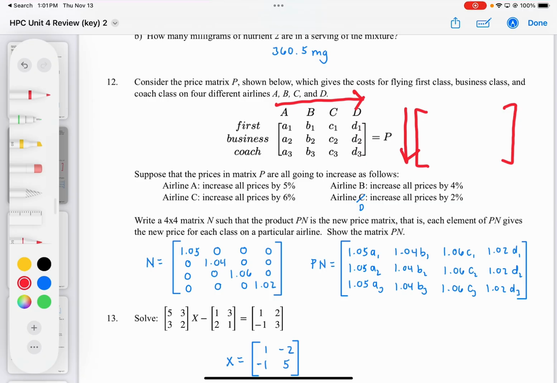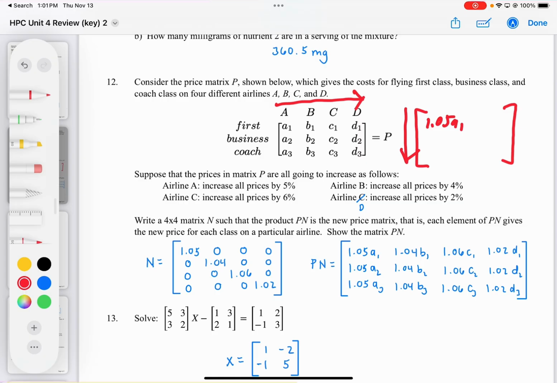So if I think about multiplying this row by this column, what I want to end up right here is 1.05 times A sub 1. That's what I want to get, okay? So if that's the case, I'm going to multiply all the values in this first row by all the values in this column.